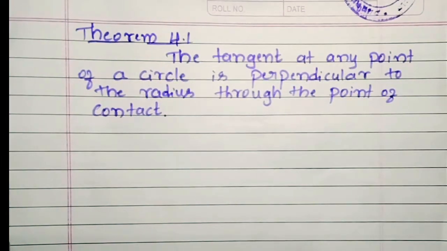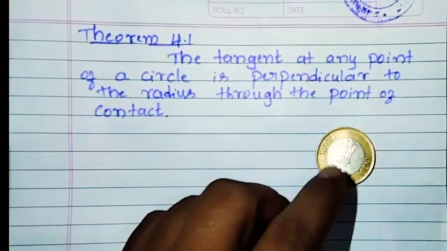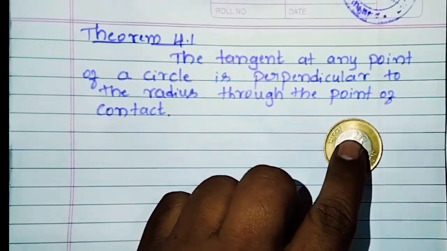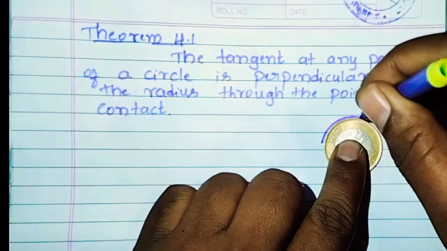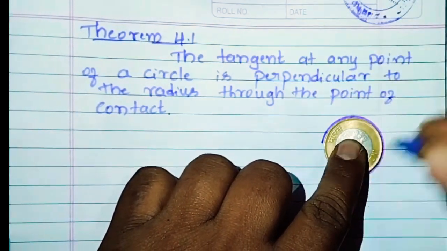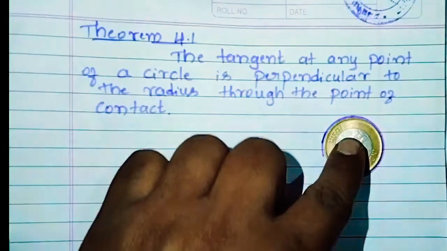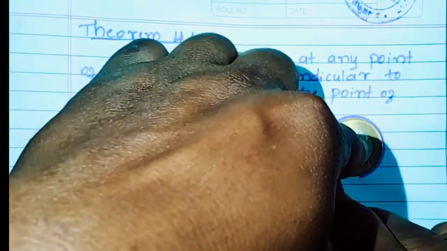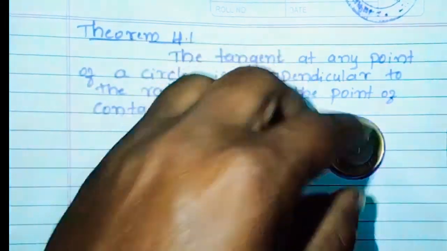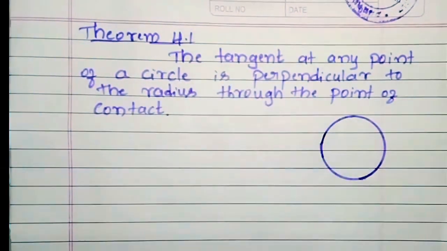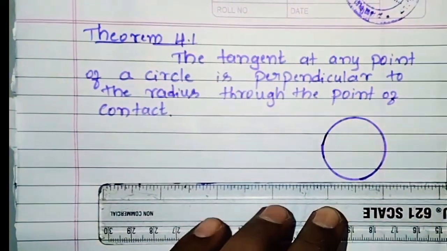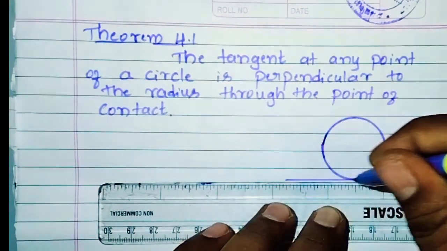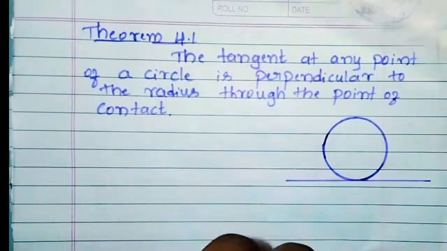Now let's draw a circle. Just observe, I'm drawing a circle like this. This is the circle, and we need to draw a tangent. The tangent is this AB.